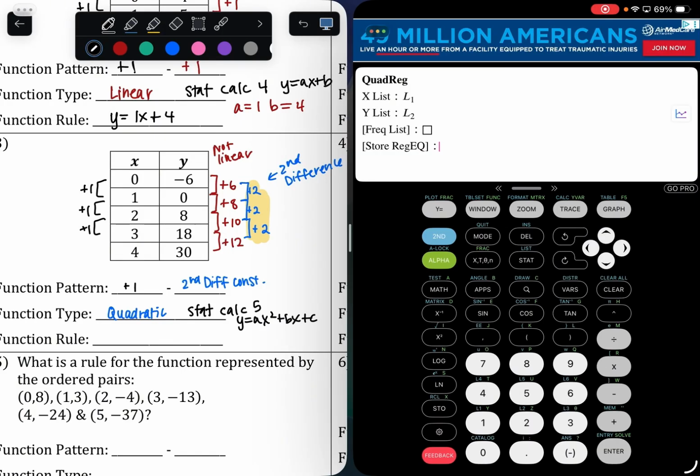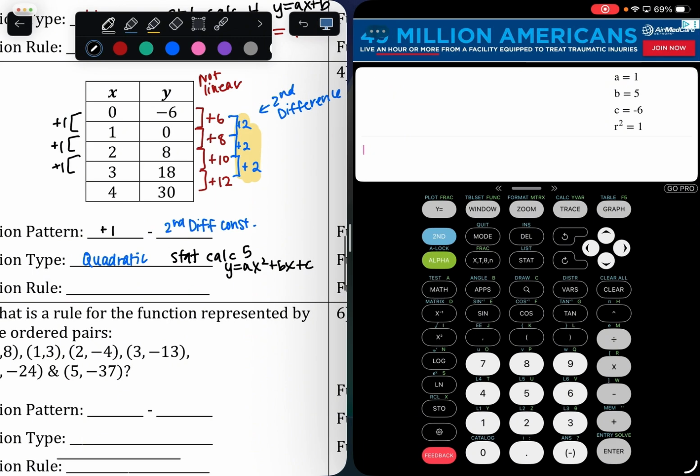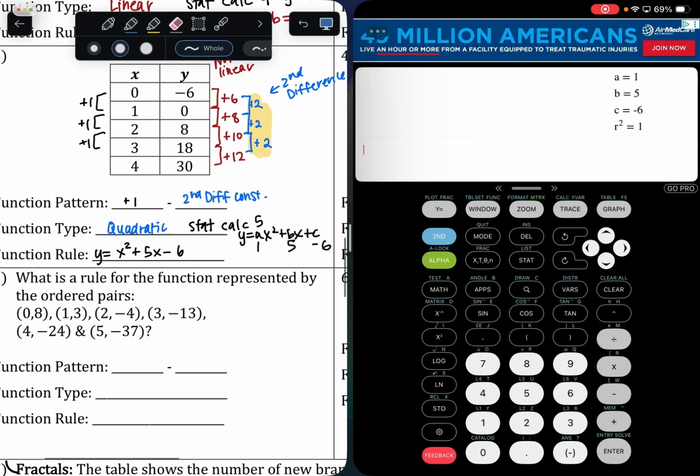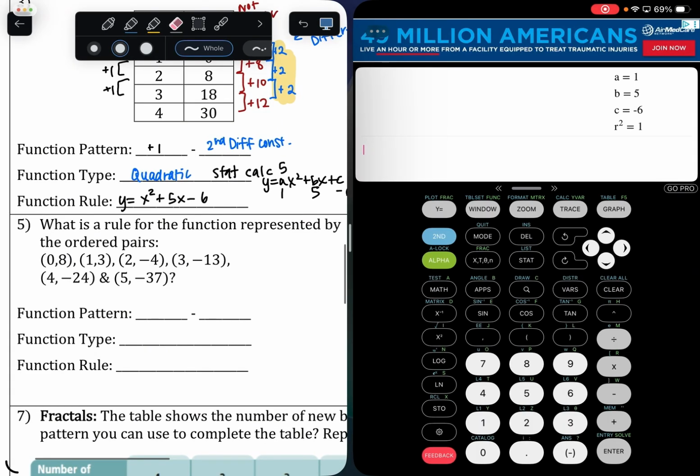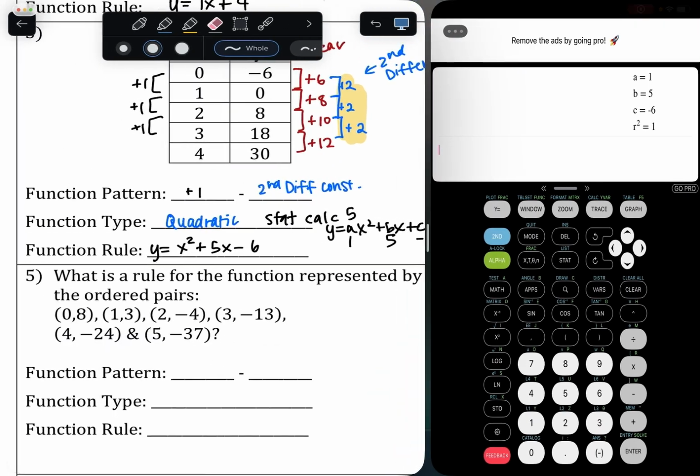I'm going to skip storing for now. And then A is 1, B is 5, and C is negative 6. And once again, R squared is 1. That means it's perfect. And so I can write my equation 1x squared plus 5x minus 6. And then often we'll leave the 1 invisible. So if there's not a place to type a coefficient and you're just trying to identify the equation, it would probably just say x squared.